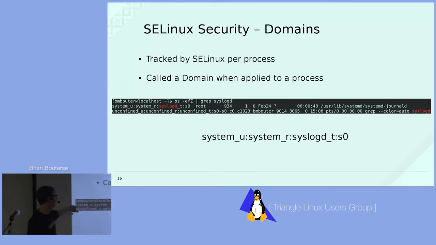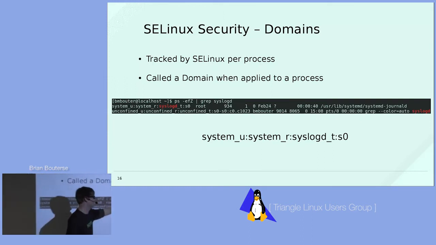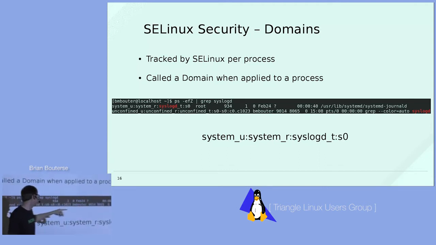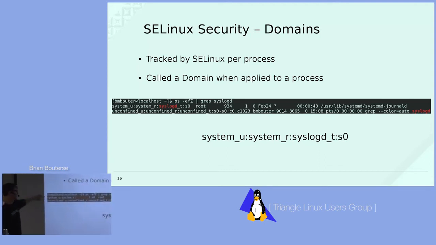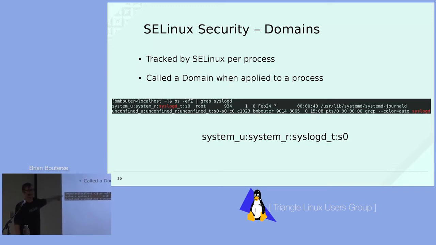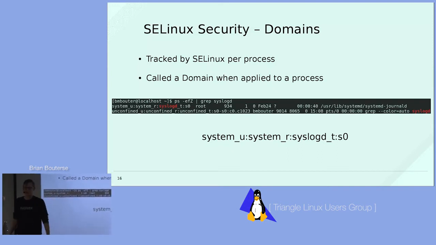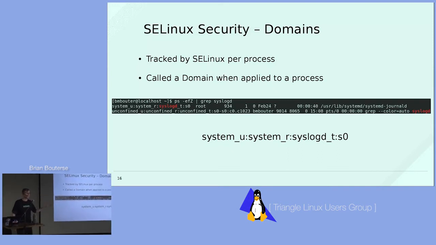So here in this example, I'm looking at the process output for systemd-journald, and it has this label here, which is what you get with the capital Z flag on ps. It's a little hard to read there, so I included it down here. And look, this is very similar to the other label that you saw on file contexts.